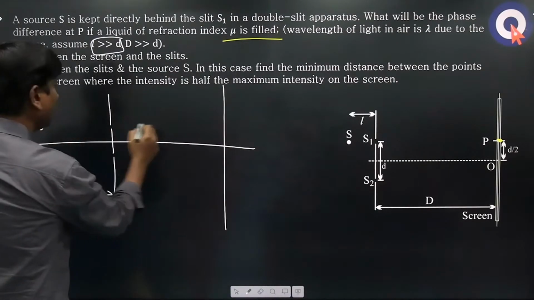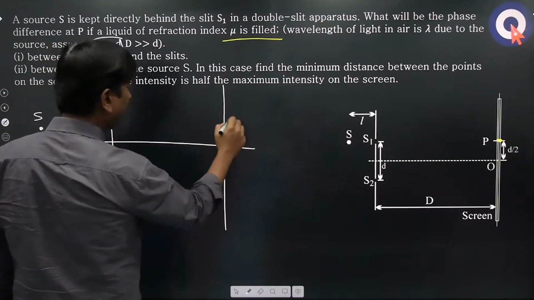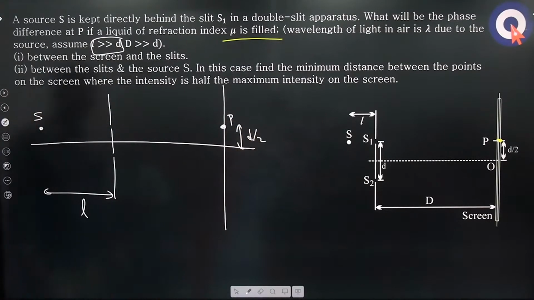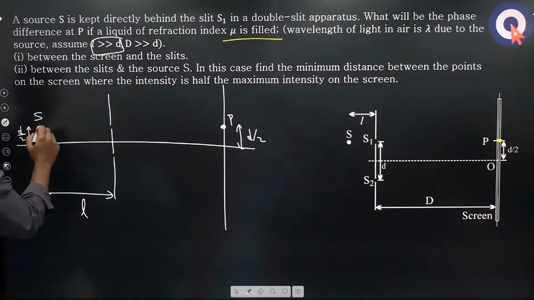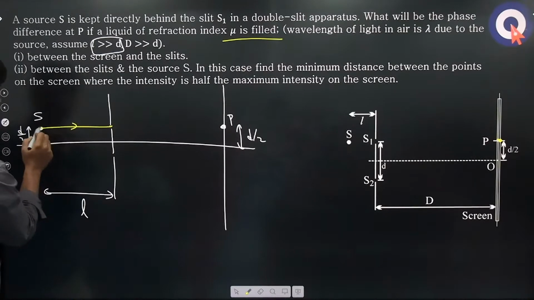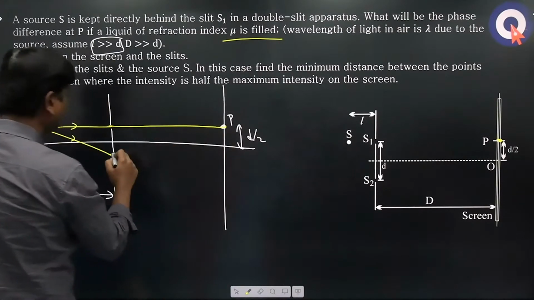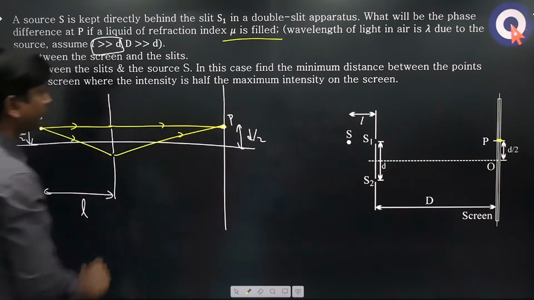In front of this one only is point P, this is d by 2, and this is also d by 2. Now one wave is going like this, the other one is going like this, and here it's going straight.